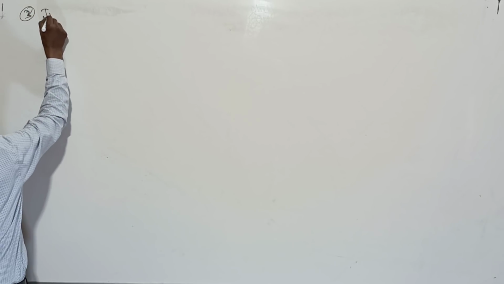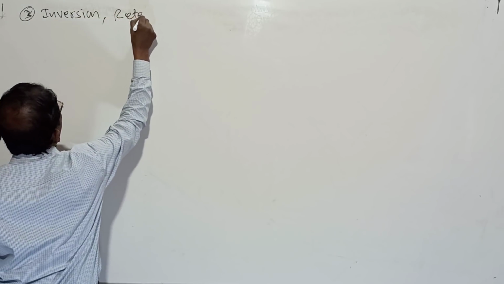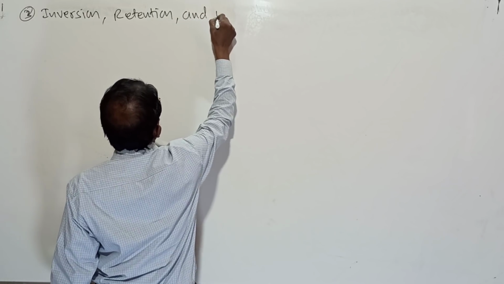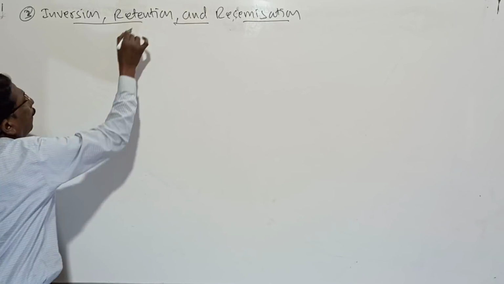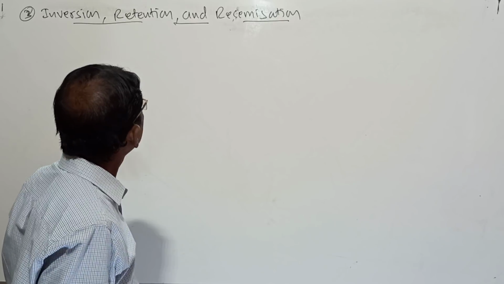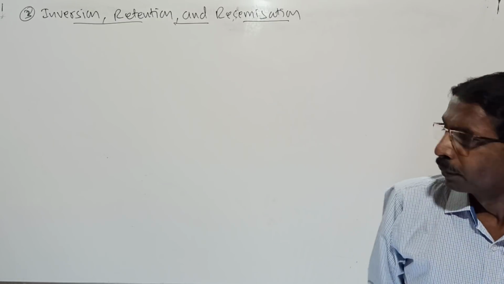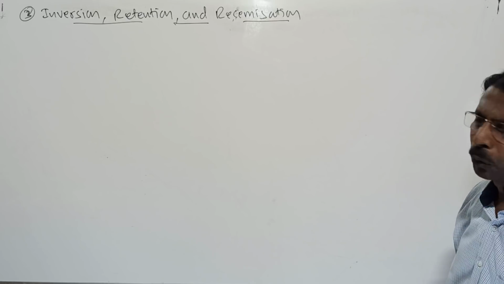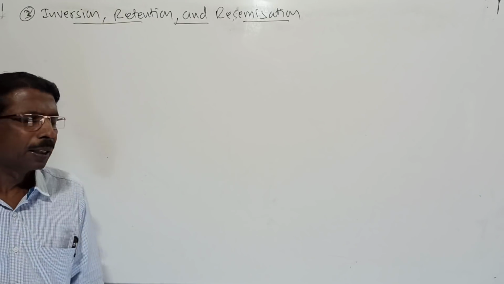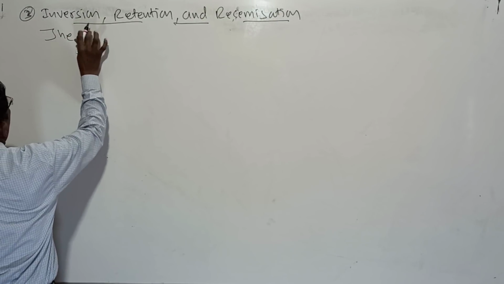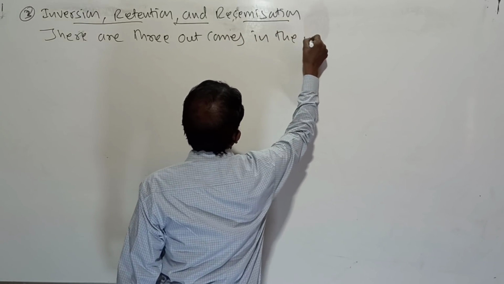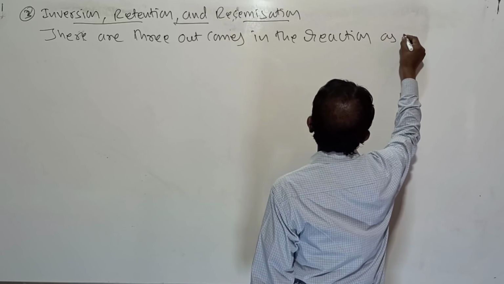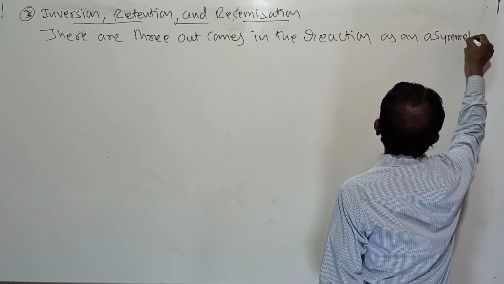Look here, the next one: inversion, retention, and racemization. All three come out here.